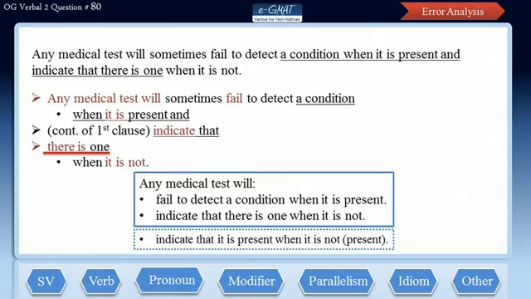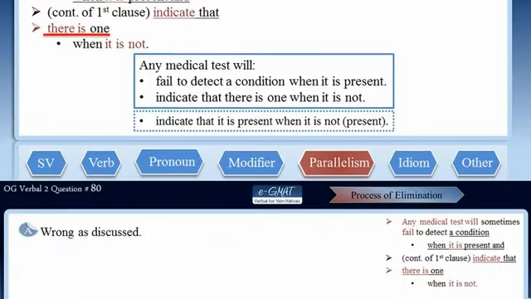Here it correctly refers to condition, and present is omitted after not, but it is understood, and hence the two entities before when and after when are also parallel to each other. So certainly right now we have a parallelism issue in this sentence. So let's run the POE and find out what's the correct answer.